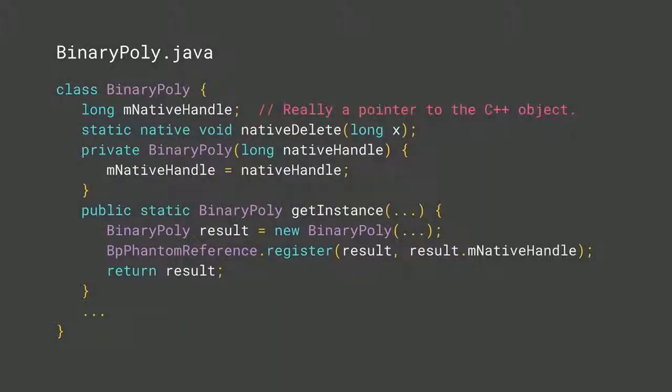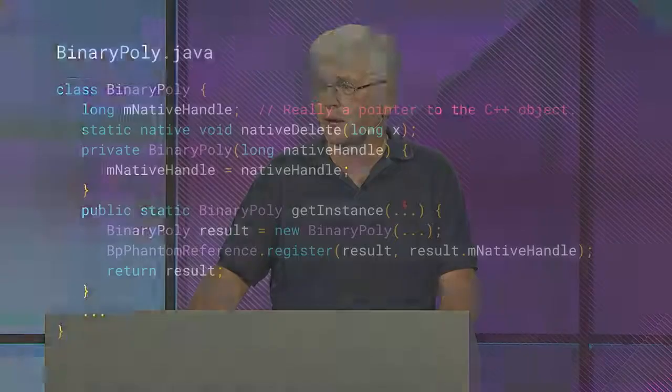So I'll show you a quick implementation of this here. This part actually is fairly easy. We've modified binary poly to deal with this sort of reference cleanup. On the next slide, I'll show you a BP phantom reference implementation that inherits from phantom reference. It's a kind of phantom reference that's specialized with some additional functionality.